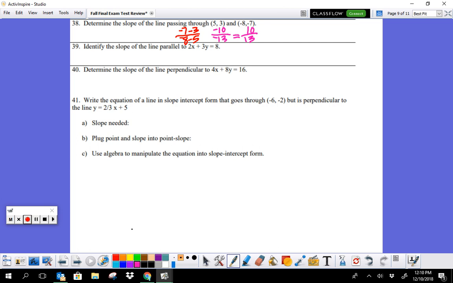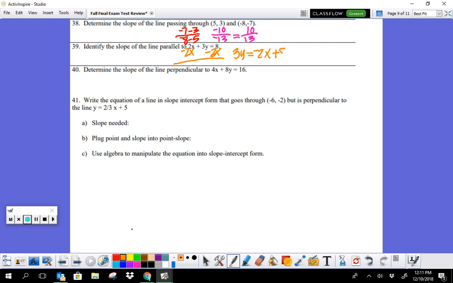Number 39, identify the slope of the line parallel to that line. Parallel means same slope. You should remember that from algebra. I do not know the slope of this line yet because it's not in y equals form, so I need to get it there first. So I'm going to subtract 2x. This is not the time to try to do this in your head either.